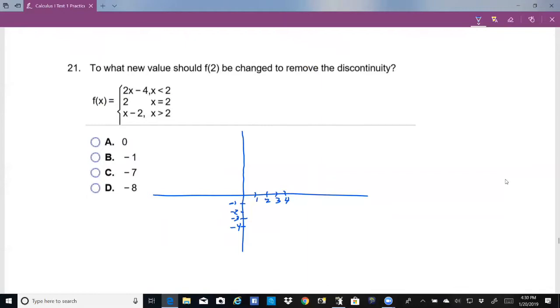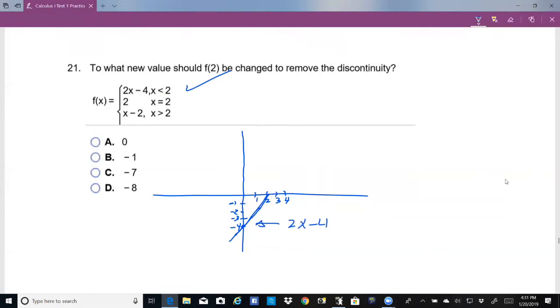For x less than 2, the function is 2x minus 4. So at x equals 0, we're at minus 4. And it's a straight line all the way up to x equal 2, but not including 2. And the equation is 2x minus 4.